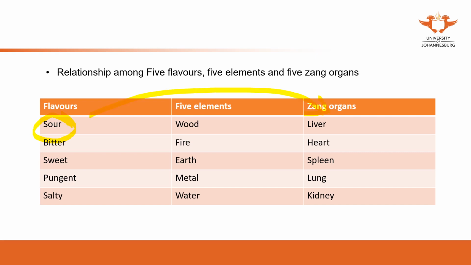So if a patient suffers from the liver problem, for instance, a patient suffers from depression or irritation due to liver stagnation, then we can use a herb with a sour flavor to assist.